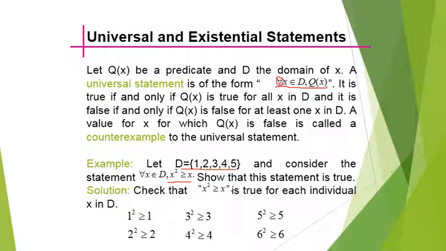Yes, 4 is greater than 2. Now 3 square is greater than 3, 4 square is greater than 4, and 5 square is greater than 5. So here we can see that for all the values which are in D, this statement is a true statement, right?